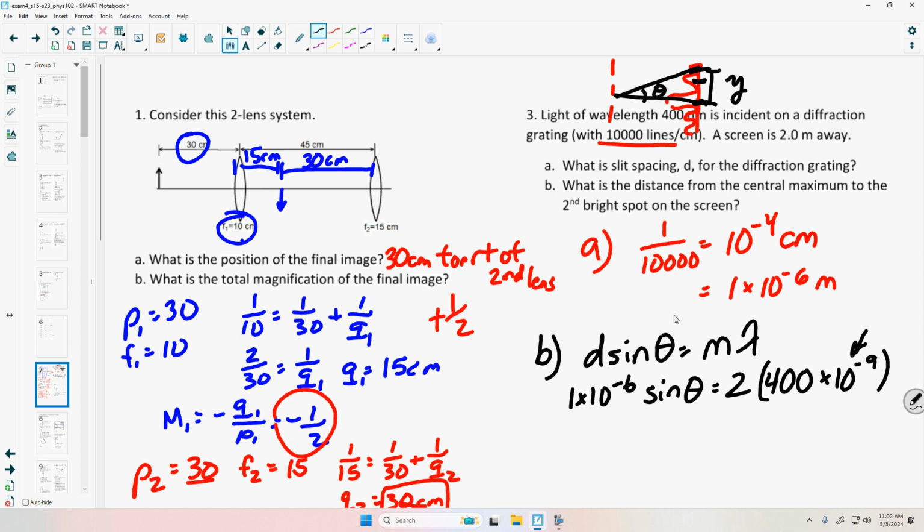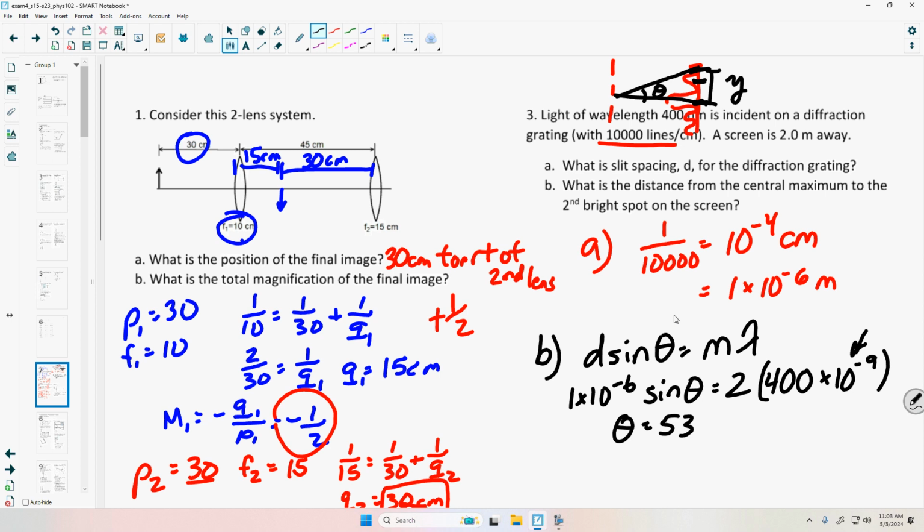It's the inverse sine of 800 times 10 to the minus 9, that's the inverse sine of 0.8. I get 53 degrees. I think I did that right.